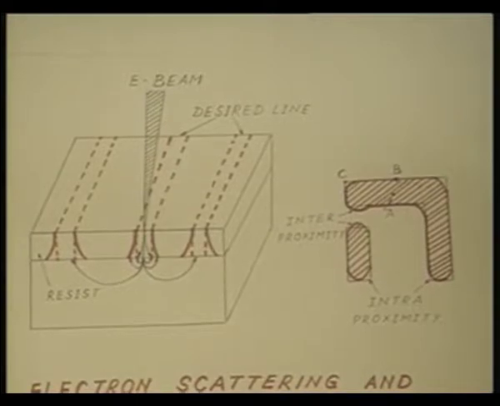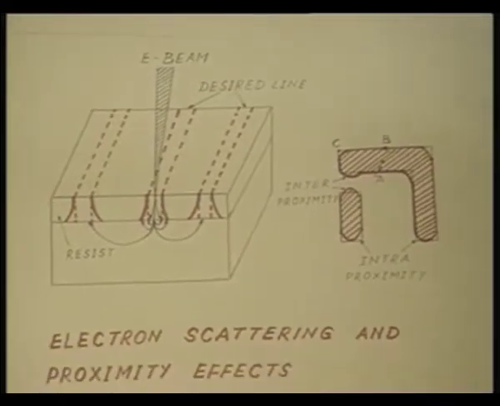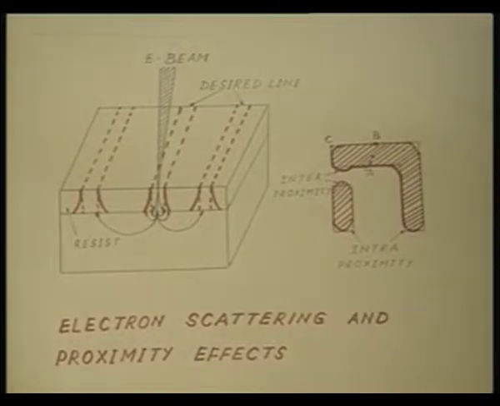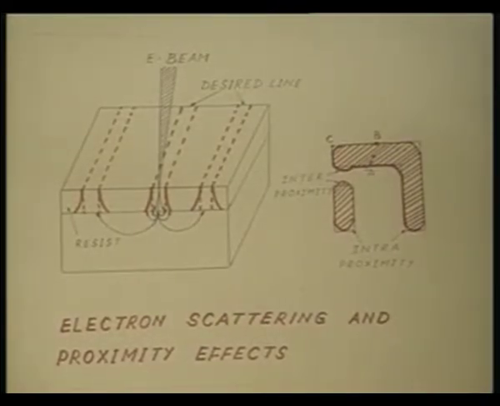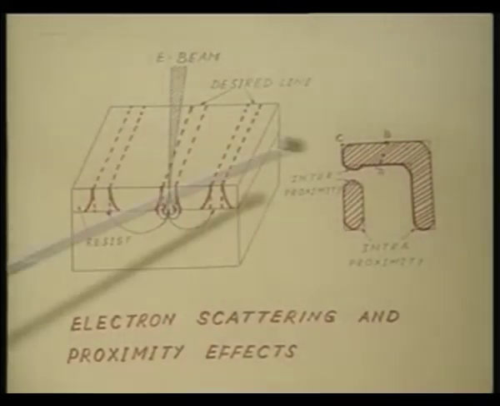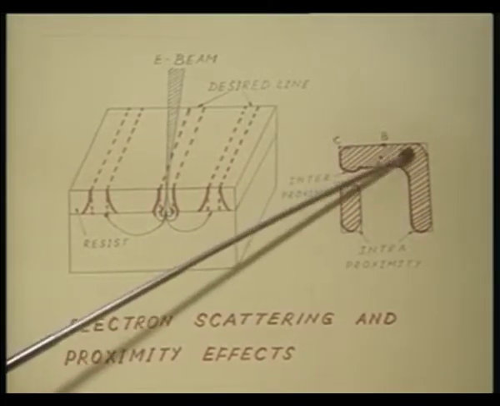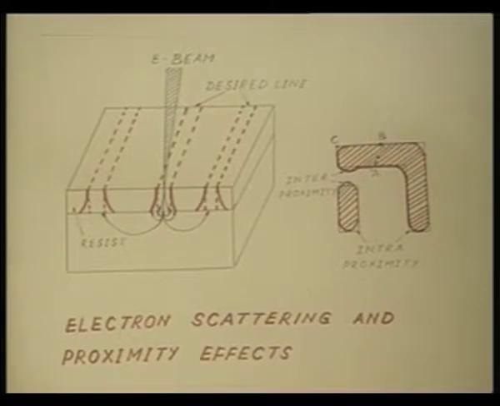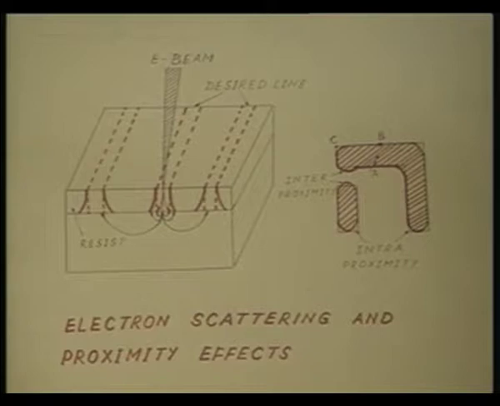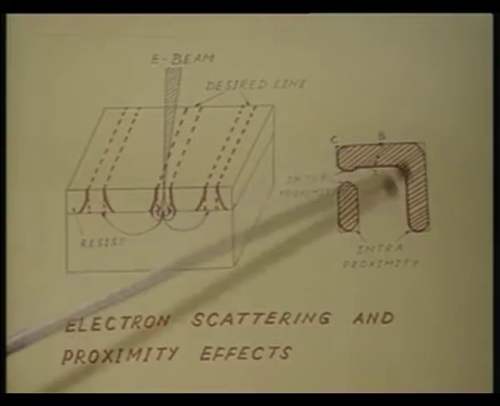So, we have seen both the intra-proximity effect as well as the inter-proximity effect. Essentially, this means that different portions in the pattern receive different quota of E-beam radiation and therefore, they develop differently.